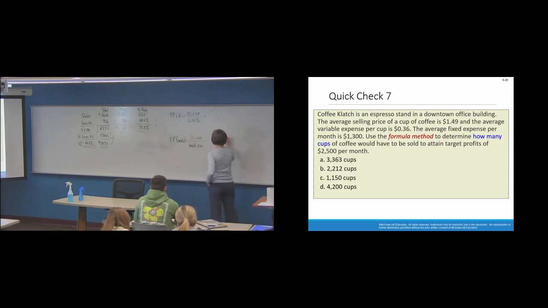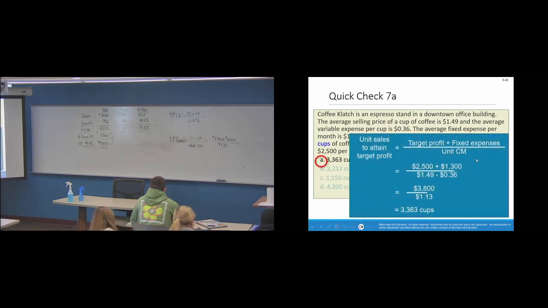1,300 plus 2,500. Yeah, 1,300 is my fixed cost, and 2,500 is my target profit. Divide by unit CM, which is what? $1.13. So how many cups of coffee do they need to sell? You guys have calculators, I hope? I don't remember how the math works out for this one, because my break even was off about half a cup.